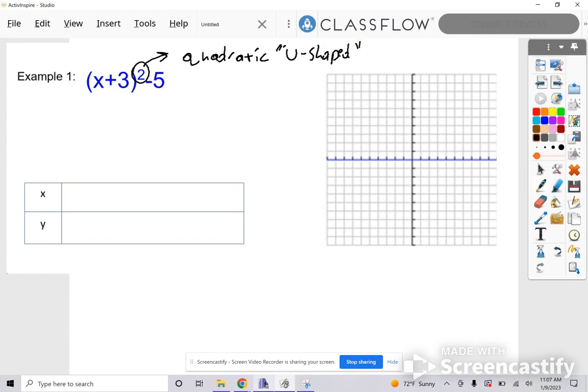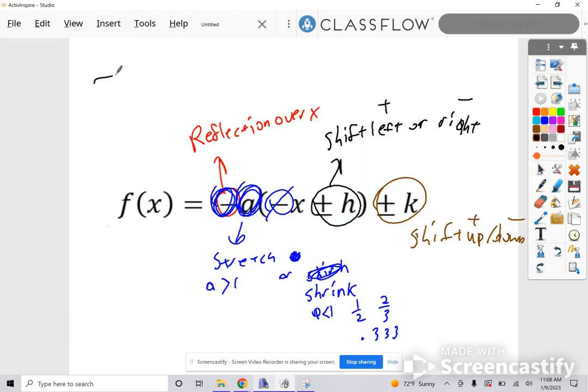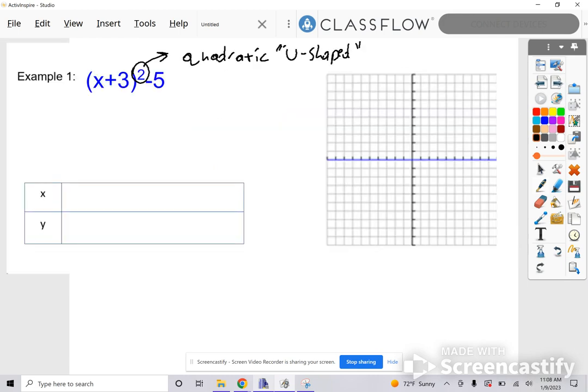Now let's talk about the transformations. The best thing to do is work from left to right. So start with the negative, then the A, then the H, then the K. On this one, no negative out front, yay. No A out front, yay. So my first number I come to is the 3.